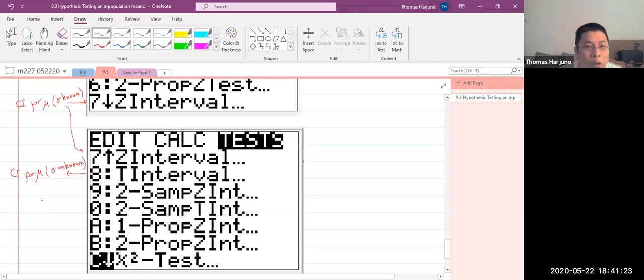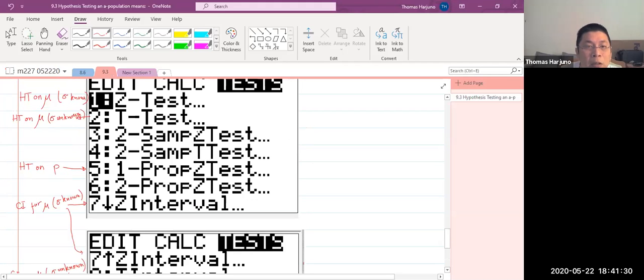Okay, now what we did just now is this one here: hypothesis testing on mu1 minus mu2 with sigma unknown.